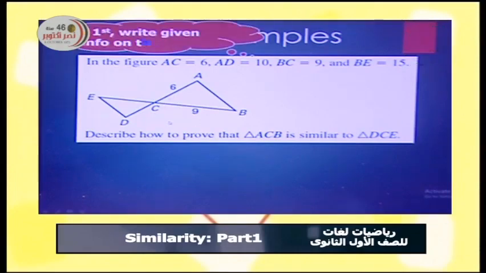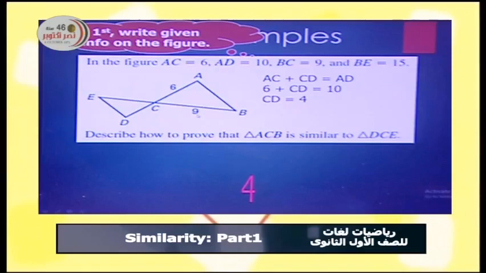Think. Yes, and we have BC here equal 9 and BE equal 15. This part BE, the whole side here, equals 15, and we have a part of it CB equals 9 centimeters. So think about the length of CE.